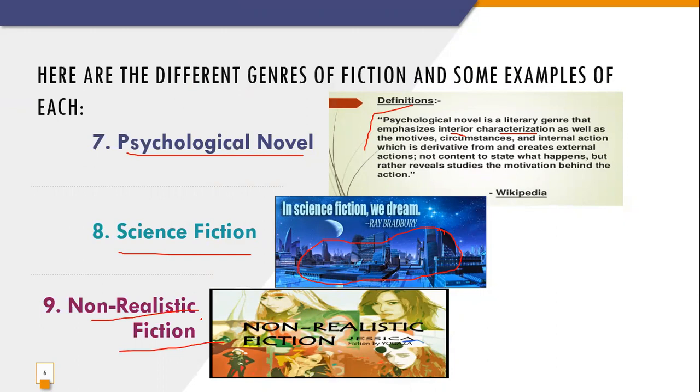It can never be part of the real world. So the author really sets this in another world, in other galaxies or dimensions. Just like the example, The Accursed by Joyce Carol Oates. Okay, so this is an example of non-realistic fiction.